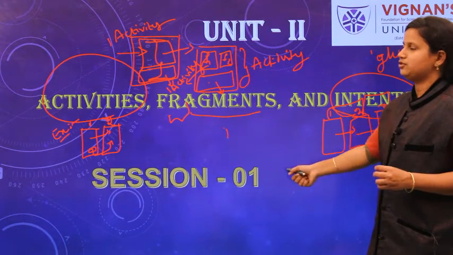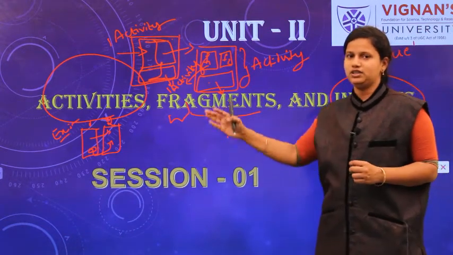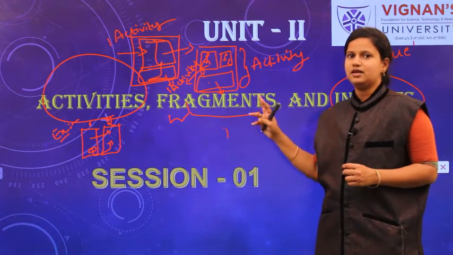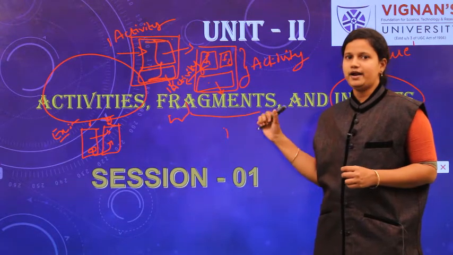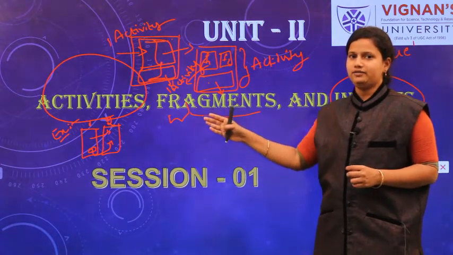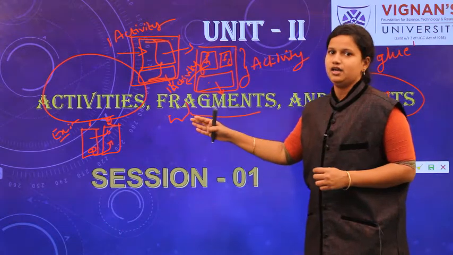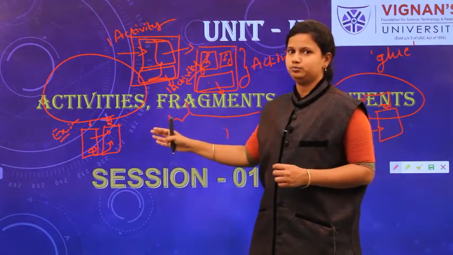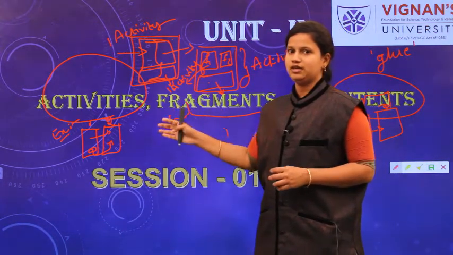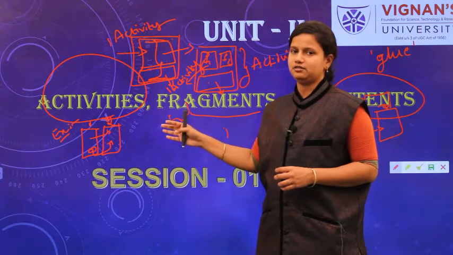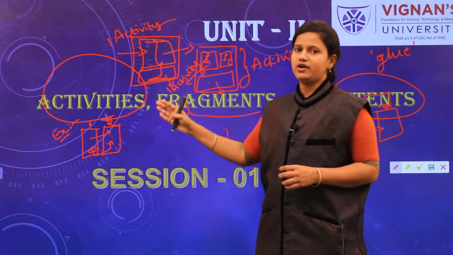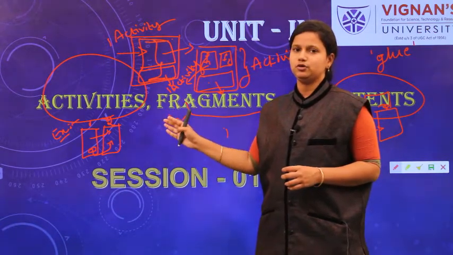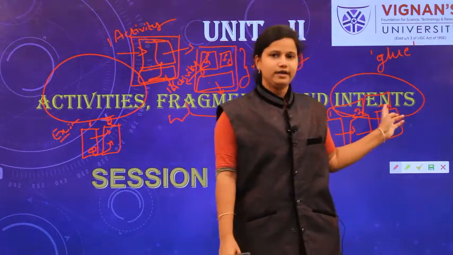So this is your second unit. We learn three different topics: activities, fragments and intents. An activity is one window, and your application will contain many activities. Their interconnection is made possible by the concept of intent.